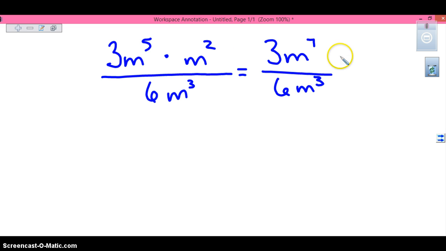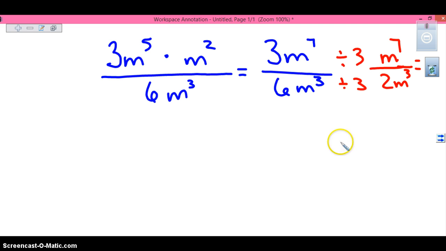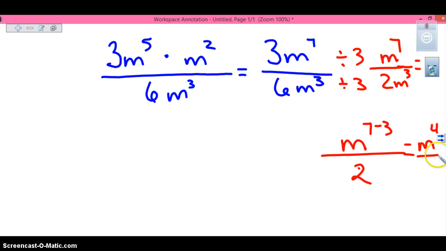Now we can simplify 3 and 6 by dividing by 3. We get m to the 7th over 2m cubed. Now we can simplify our powers. They have the same base. We can say m to the 7 minus 3 over 2 is equal to m to the 4th over 2.